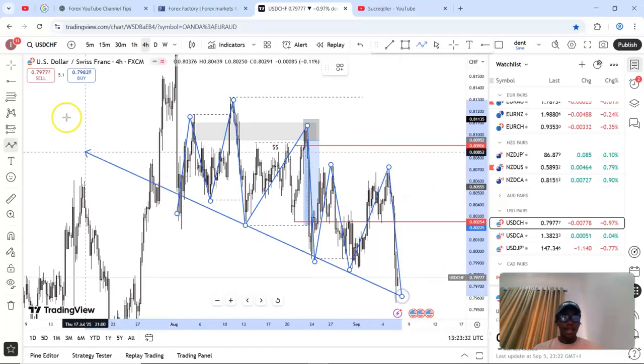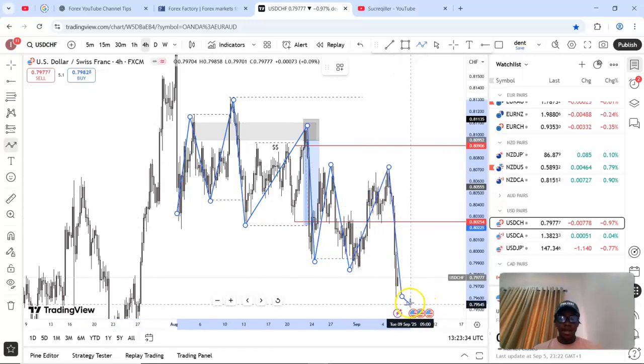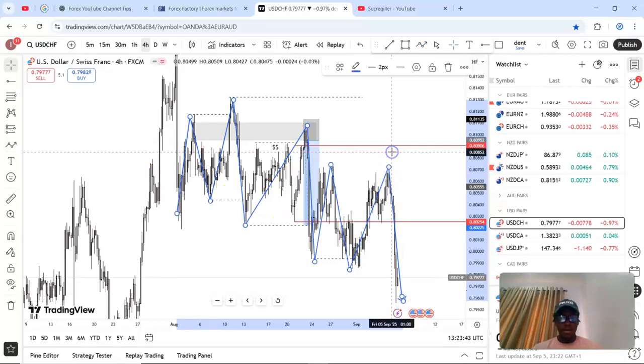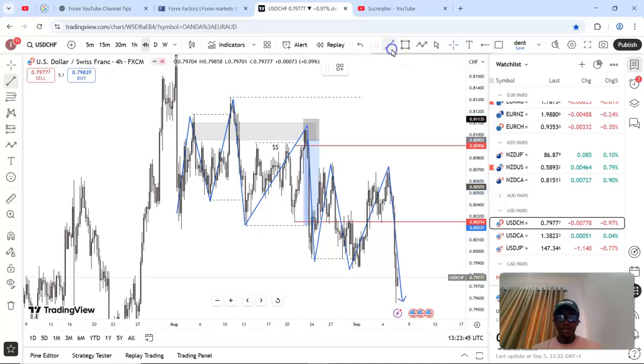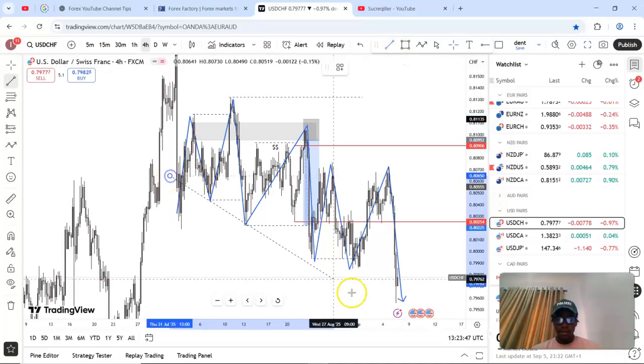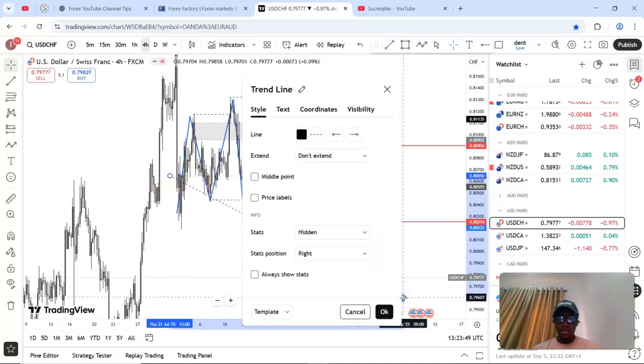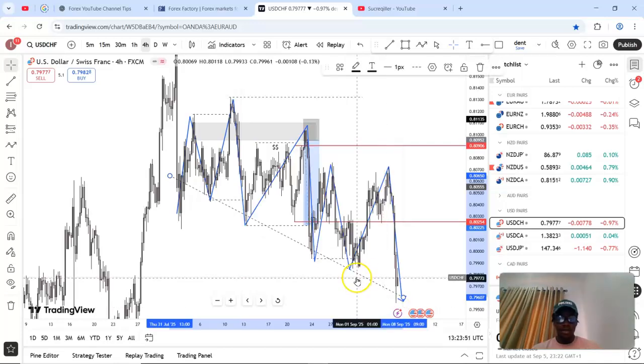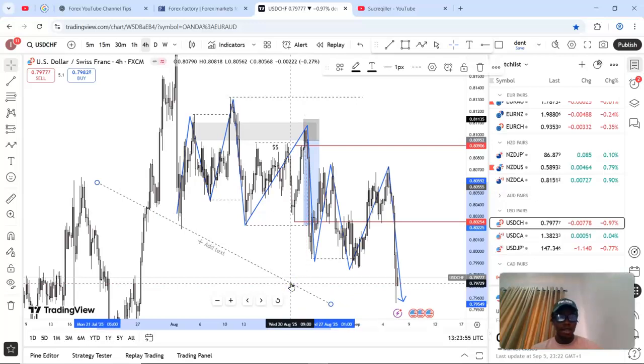So this is basically lower high, lower low, lower high, lower low. Sorry, lower high and lower low, I think. It has been on a downtrend for a while now. This is just basic market structure, basic price action. It does not even need to be complicated.